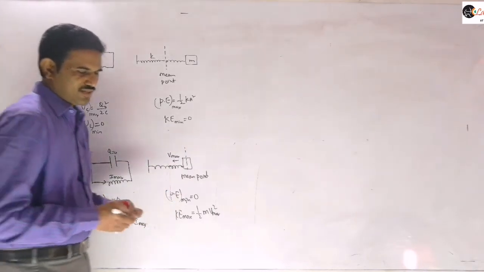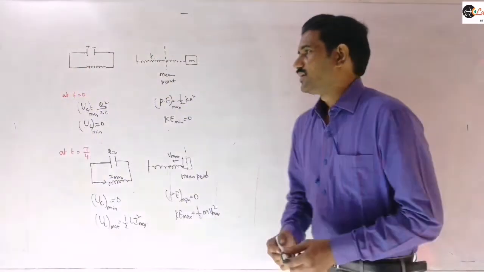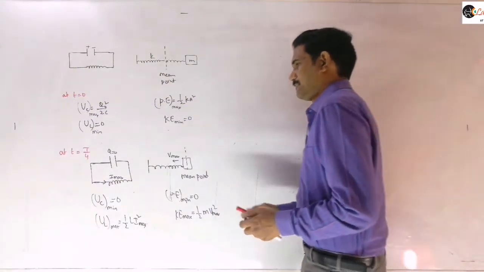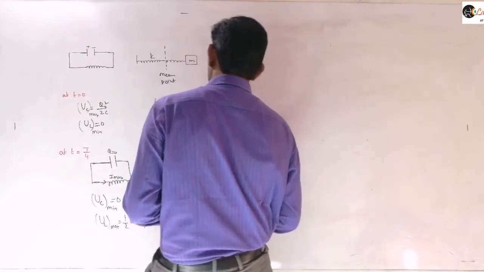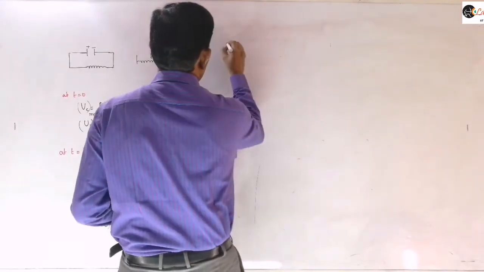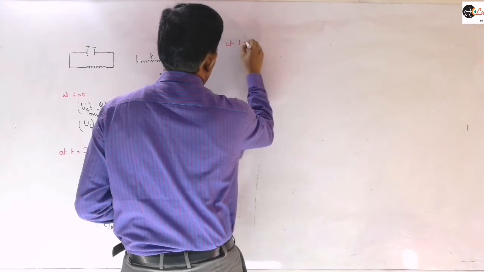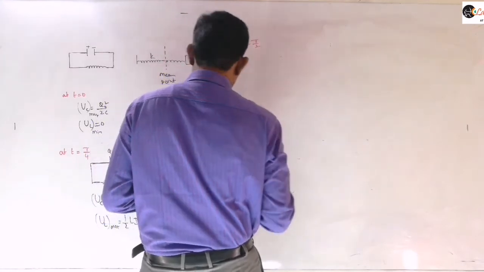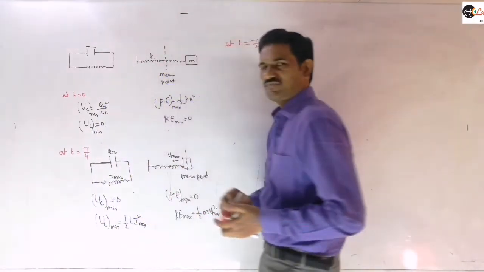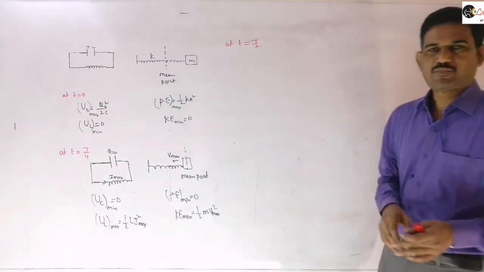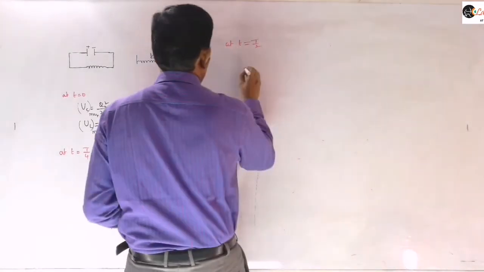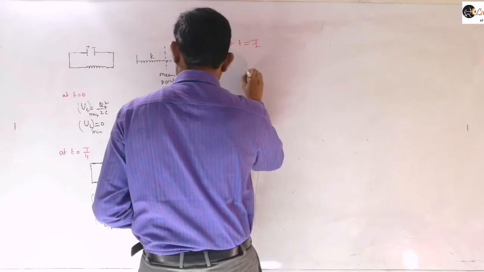Like that, you can write the polarities. Next, at T by 2, the charge on the capacitor will again be maximum, but with the polarities opposite, like this.